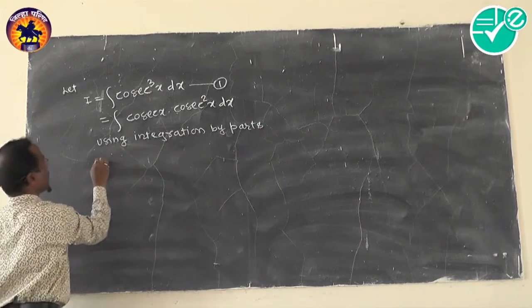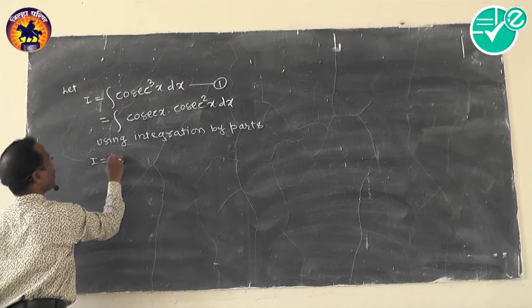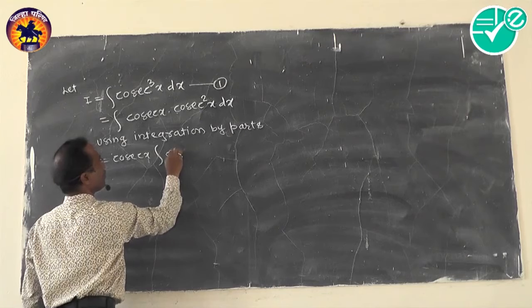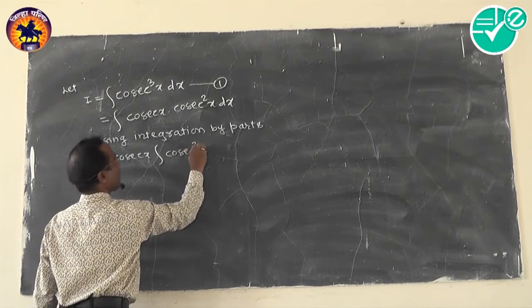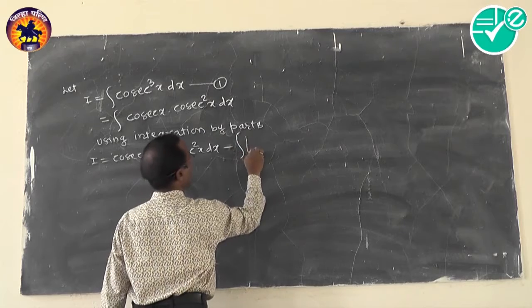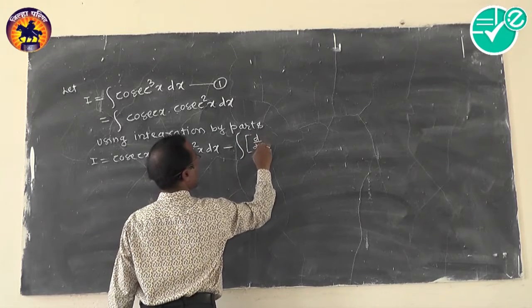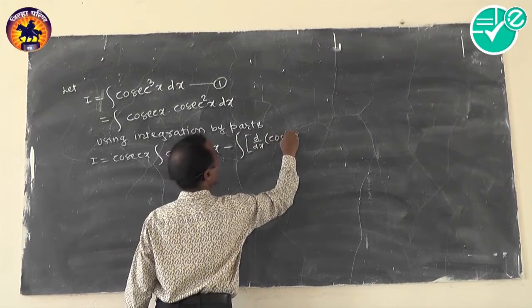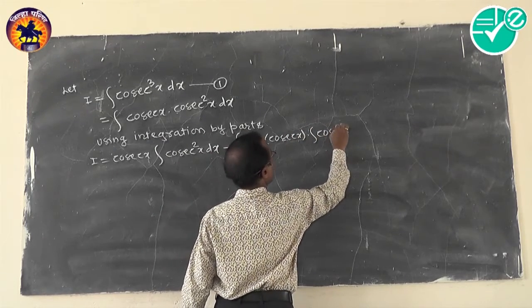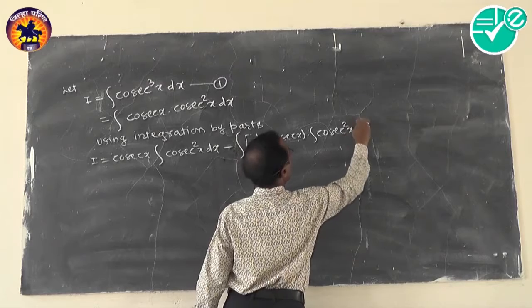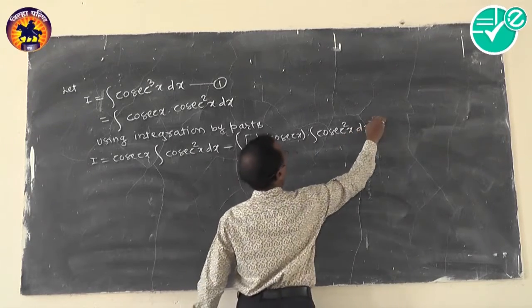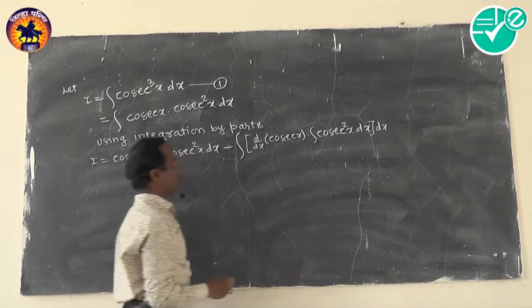first as it is, cosec x as it is, integral of second, cosec square x dx, minus integral of the derivative of first, d by dx of cosec x, into integral of cosec square x dx, with respect to x.